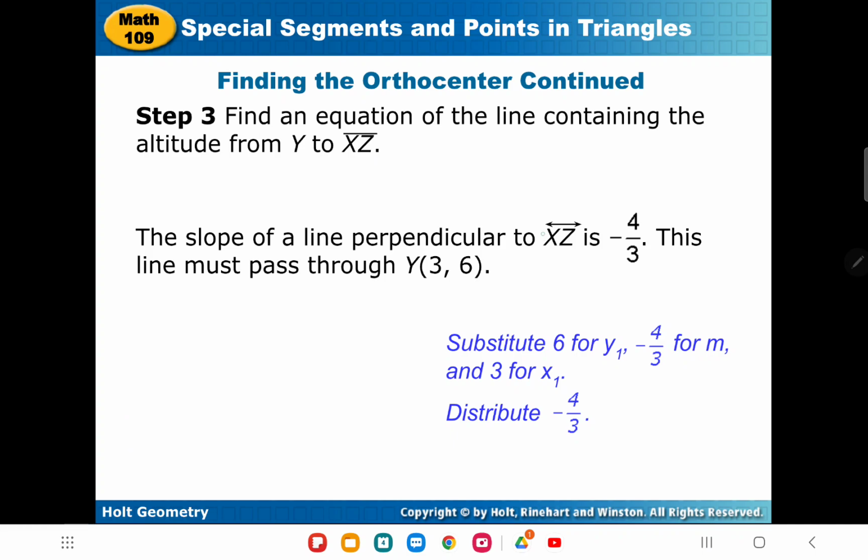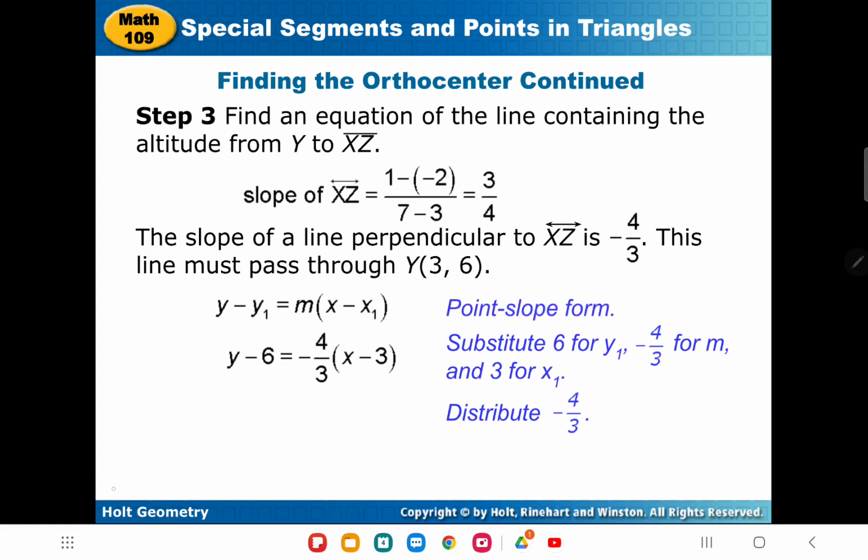Okay, the slope of a line perpendicular to XZ is negative 4/3. This line does need to pass through the other vertex. So we're going to just go through that process for point-slope form. Fortunately, it's going to clean up nicely here. There is our equation.